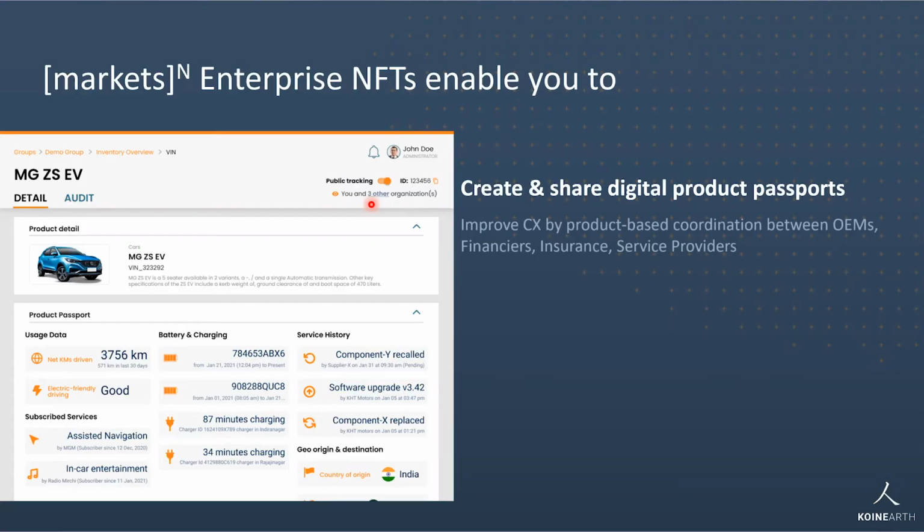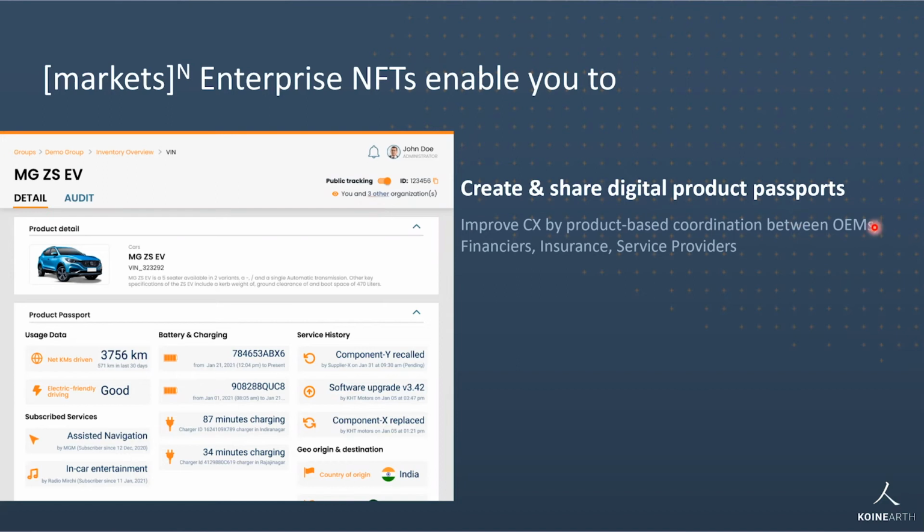Remember the notion of cross-enterprise digital platforms which show up as B2B groups, right? Now, why would you want to have a product passport shared between multiple organizations? Well, for one thing, it improves customer experience because now you have a context in which to share data. The product passport becomes a context in which these 4 or 5 organizations are sharing data with each other.